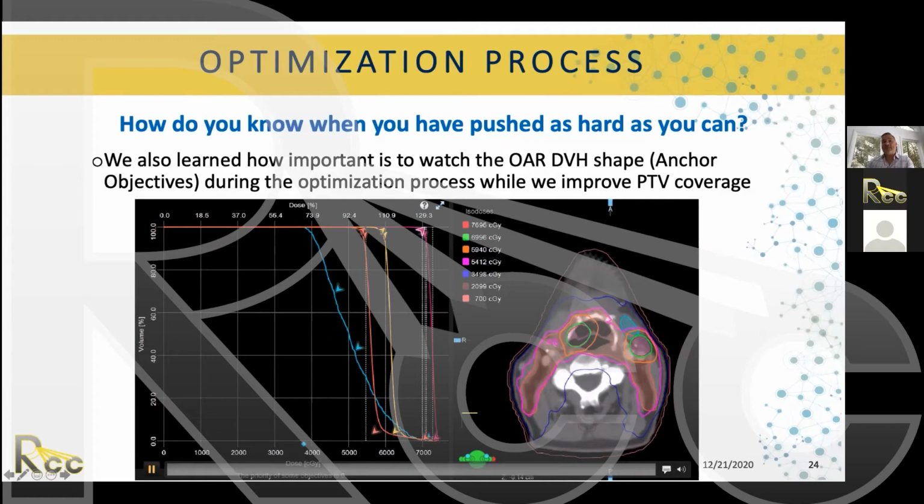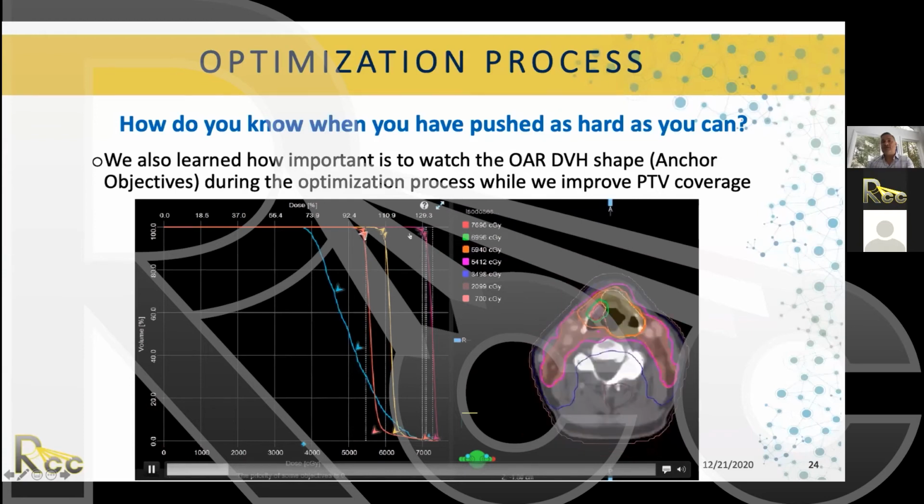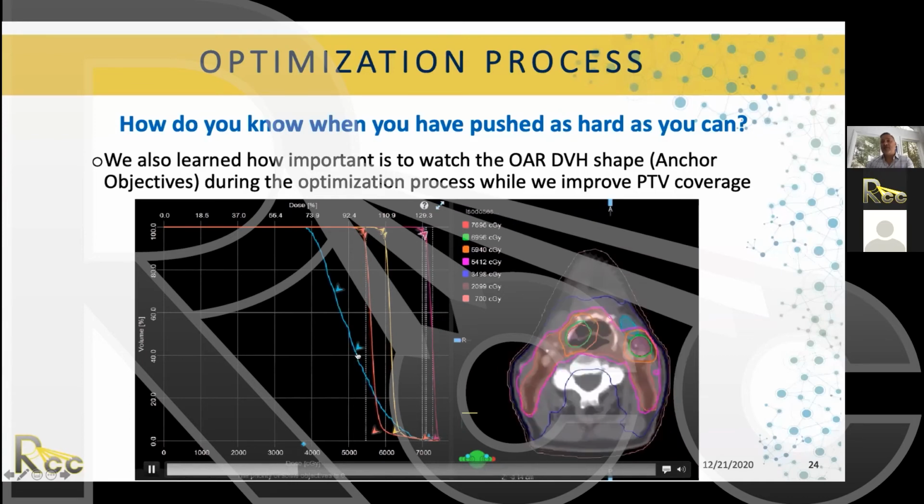Then again, I'm going to play the video. Remember that we put these anchors. What I'm doing here is changing the weighting of the PTV 5412 and 6997. You can see how the parotids and the submandibular gland basically started getting ruined.